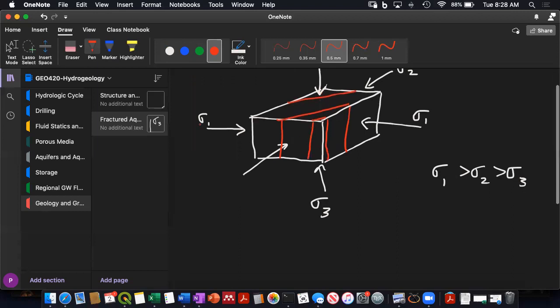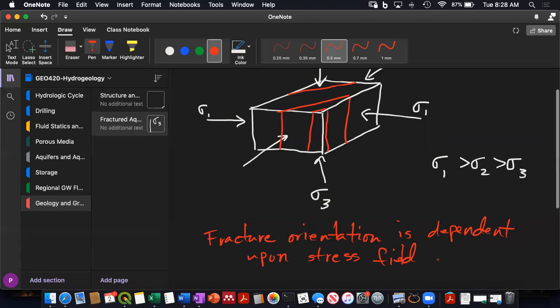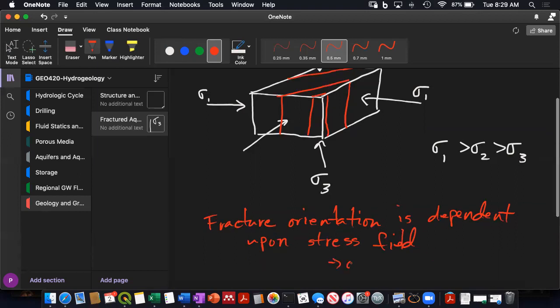So the fracture orientation is dependent upon the stress field and the orientation of differential stress.